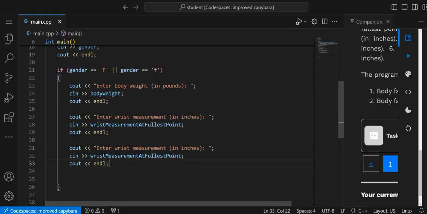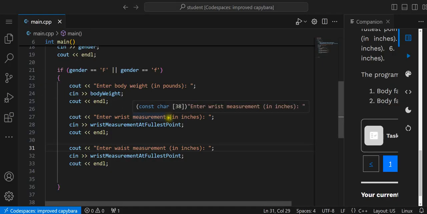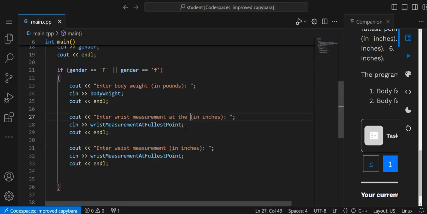Let's go, enter waist measurement. So let's do wrist measurement, fullest point, inches.